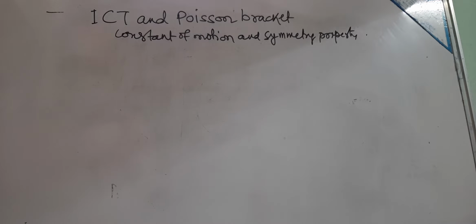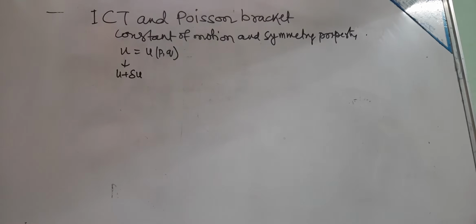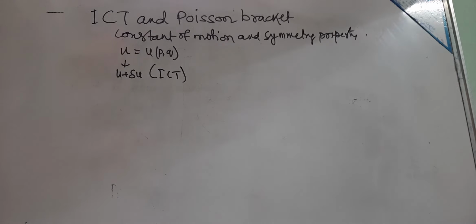So let us take a function u, which is a function of the small p and small q. That transforms to u plus delta u under ICT, the infinitesimal contact transformation, such that we can write delta u equal to u plus delta u minus u.